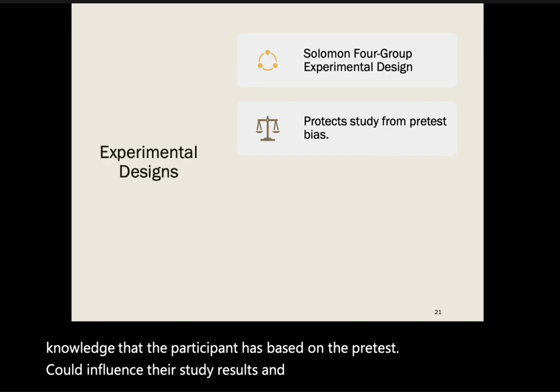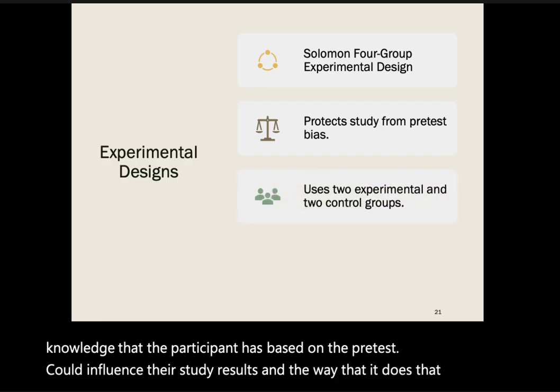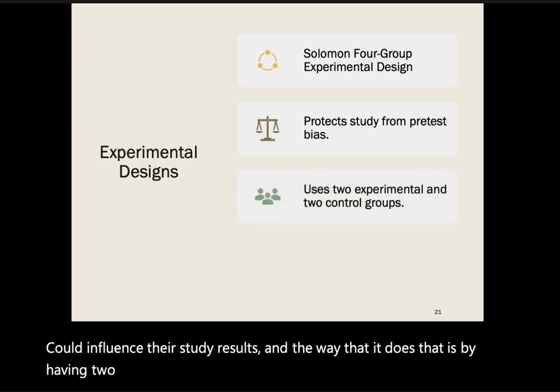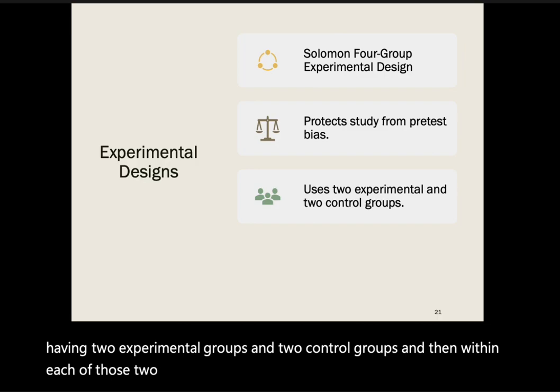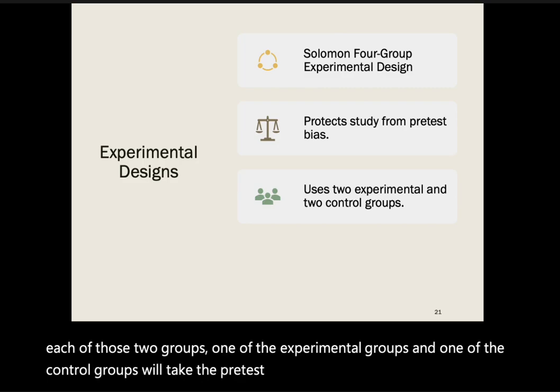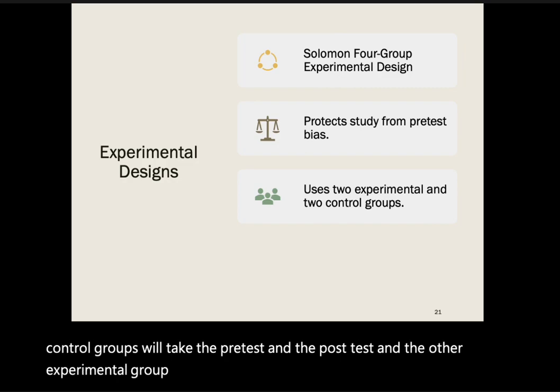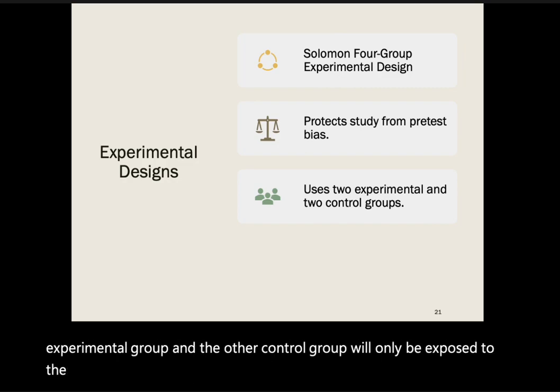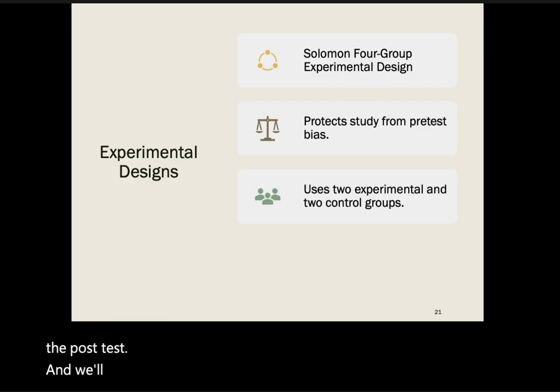And the way that it does that is by having two experimental groups and two control groups. And then within each of those two groups, one of the experimental groups and one of the control groups will take the pretest and the post-test, and the other experimental group and the other control group will only be exposed to the post-test and will not take the pretest.